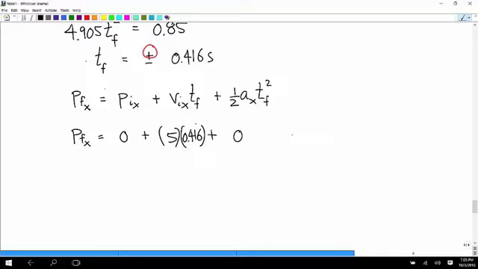And so that is 64. I can't do that. Okay, so PFX is 2.08. Is that what you said? Okay, meters.